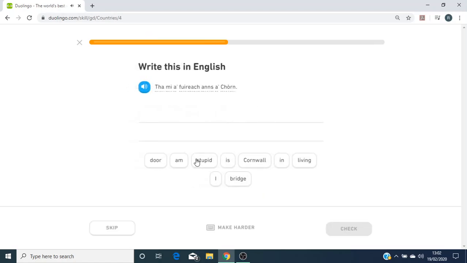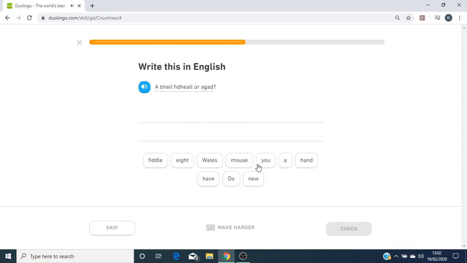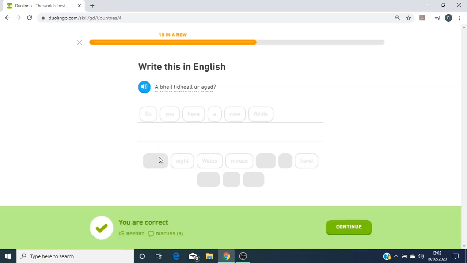I am living in Cornwall. Do you have a new fiddle? Don't know why we're learning about fiddles in the country section.